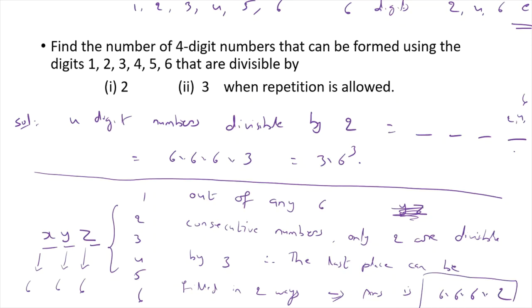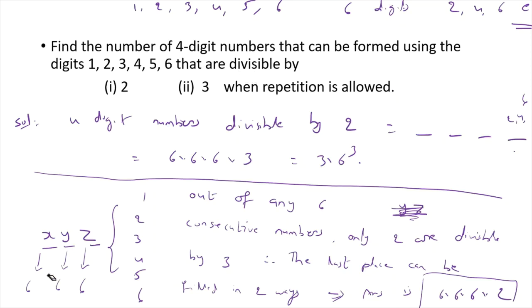So this is a special case. Here we are not using the test of divisibility of 3. Instead, we are relying more on the information that the given numbers are consecutive. The given numbers are 1, 2, 3, 4, 5, 6.